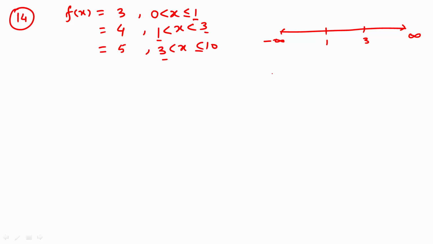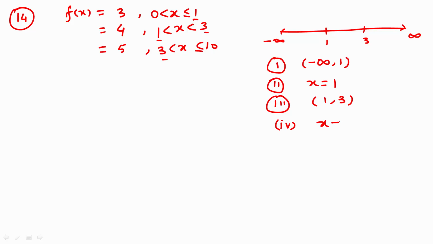The first part is the open interval minus infinity to 1. The second part is x is equal to 1. The third part is the open interval 1 to 3. The fourth part is x is equal to 3.